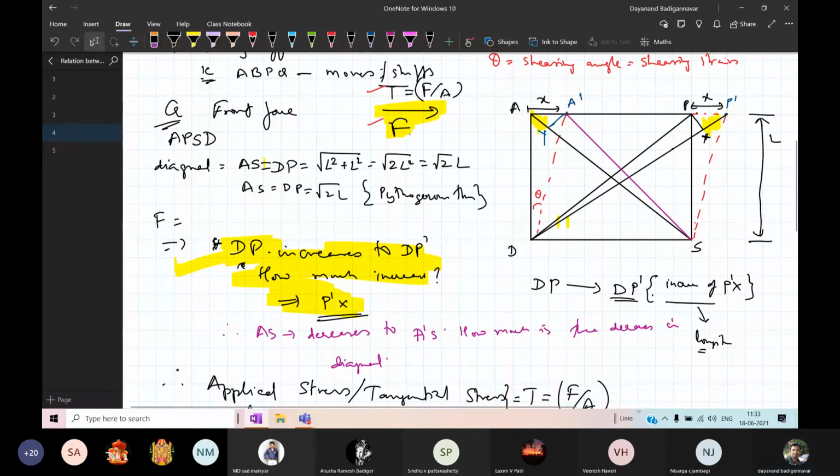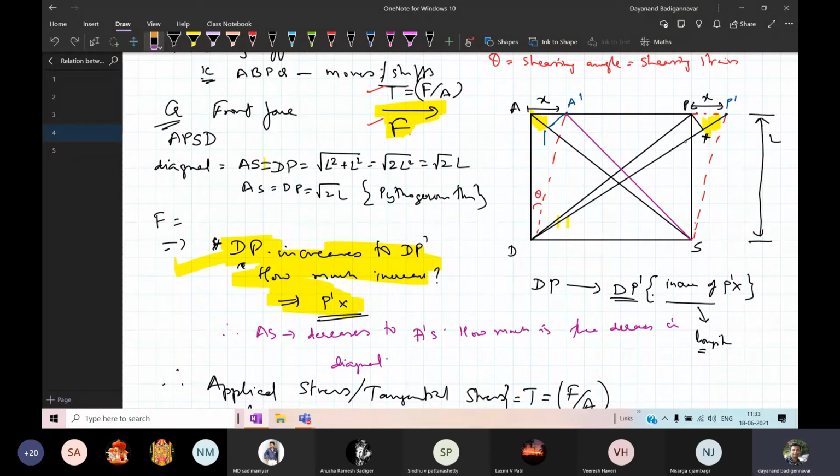The first reason is that there is some contribution by dP. There is an elongation. Look here, this diagonal increases.